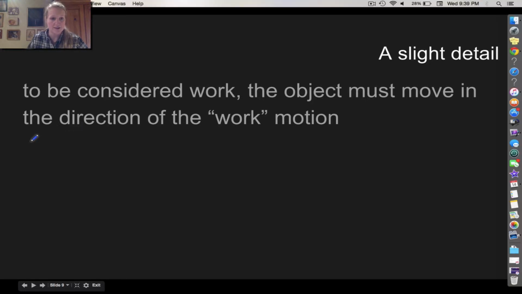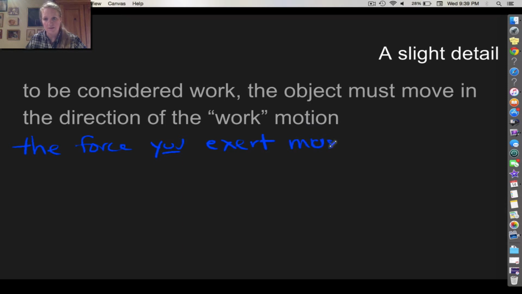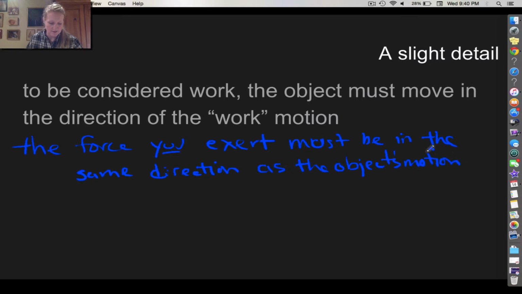Okay, another way to say this is that the force you exert, or the machine exerts, you could say machine here if you aren't feeling like doing any work these days, must be in the same direction as the object's motion, okay, for it to also be considered work.